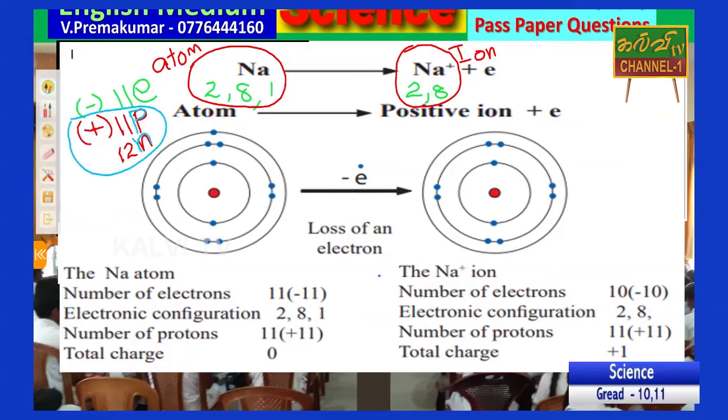The number of electrons is 10, and the number of protons is always in the nucleus, therefore it won't change, because initially we found 11 protons.